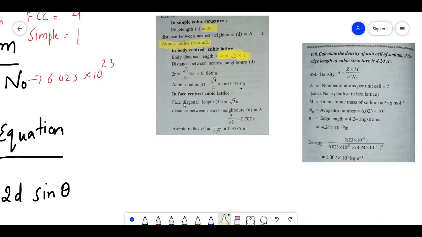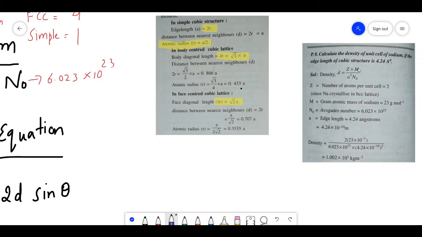And for face centered, 4r is equal to 2 root 2 a. So remember these formulas. In these formulas, he will directly give the radius and ask to find the edge length, where a is called the edge length, or he will give the edge length and ask to find the radius. That's it.